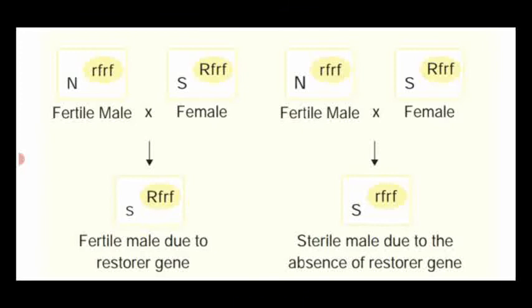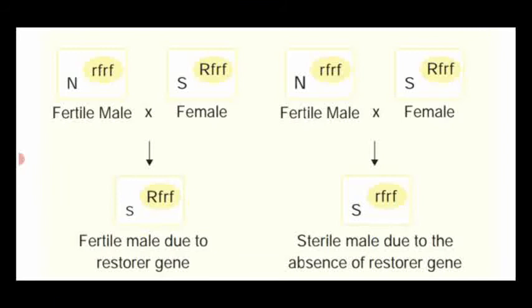In the second cross, a fertile male is crossed with an S female, and they get rf with S, a sterile male, due to the absence of the restorer gene, that is, capital R is absent, isn't it? So they are unable to restore the fertility character. So the second cross shows the sterile male.